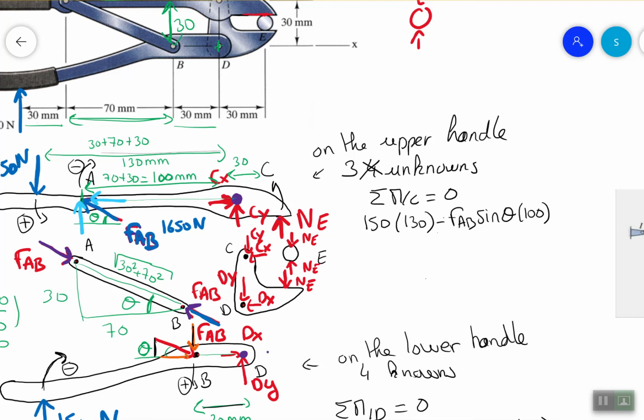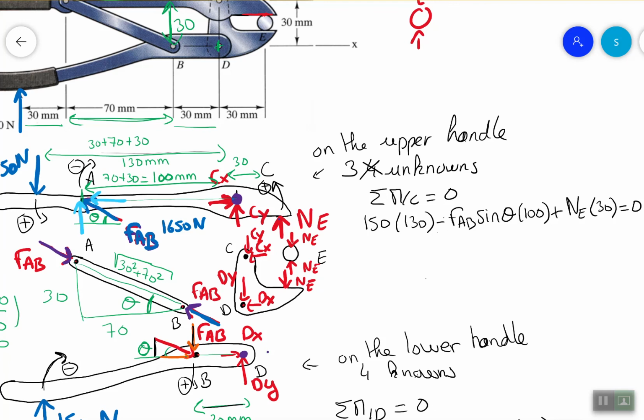And NE is rotating in the positive direction, so plus NE times the distance from C, that is 30. It's equal to 0. Cx and Cy are at the point C, so we don't need them.